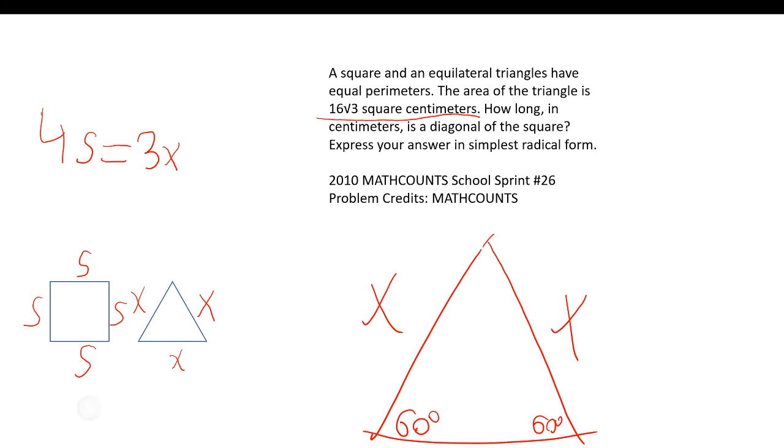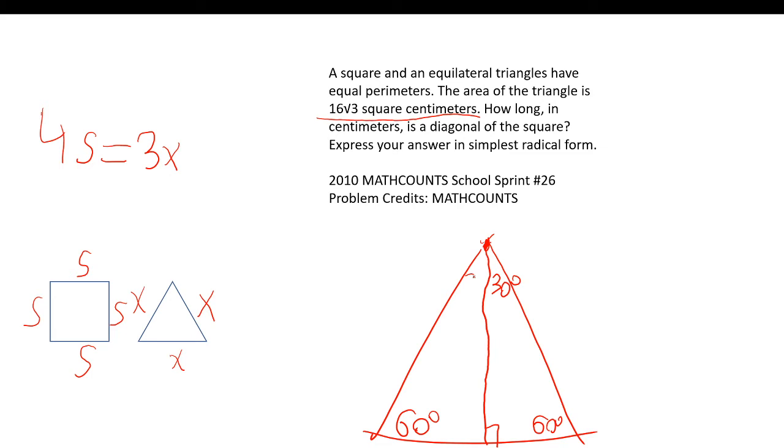But this x isn't going to help us, so I'm going to do something a little bit clever. I'm going to forget the side lengths, start from this point right here, and draw an altitude to this point right here. Right angle, 60, 90.